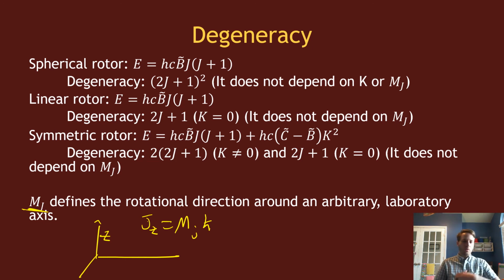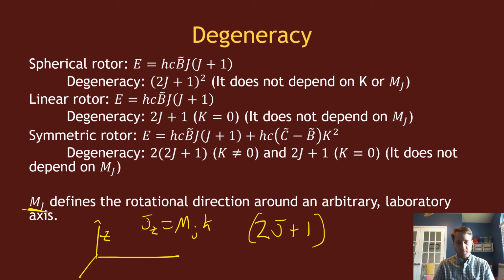And assuming no external magnetic fields or other things like that, the rotation around that laboratory axis is completely arbitrary, and it will not depend on K or m sub j, your total energies. So basically, the degeneracy of your states gets multiplied by 2j plus 1. Because of this laboratory axis, there's an extra 2j plus 1 degeneracy for each energy level, okay?